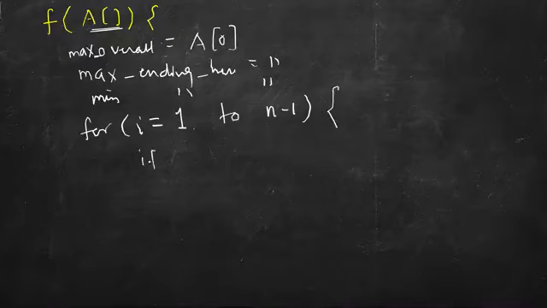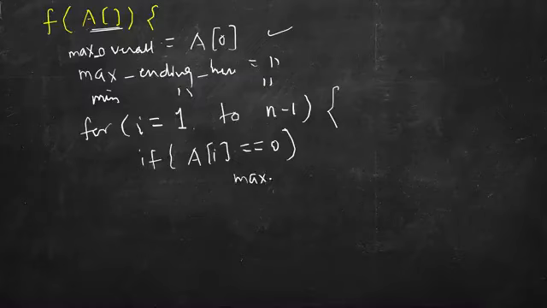So you can write if ai equal to 0, then what will happen? All of these will become 0, max ending here, because ending here means we are including it. So as soon as we include it, positive, negative, everything becomes 0. So this will become 0, min will become 0.